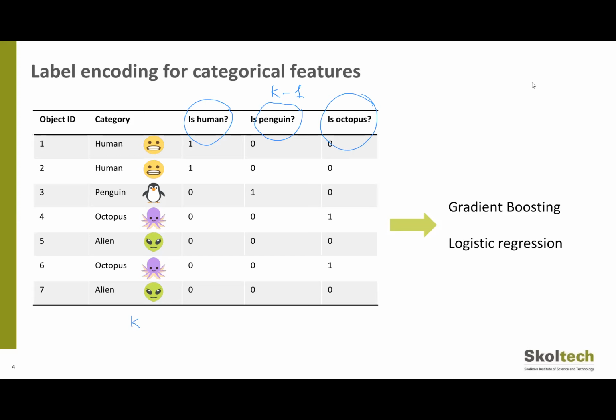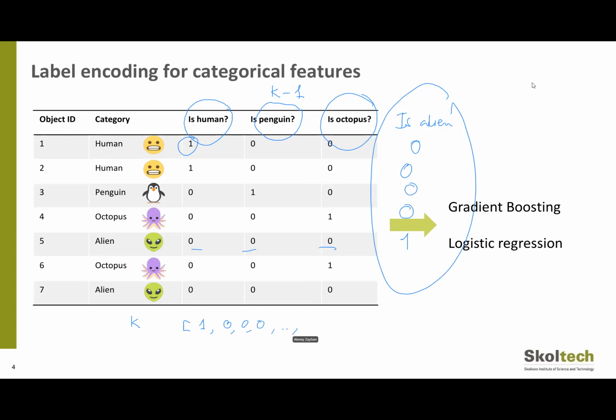So for the alien, if everything else is 0, then it's 1, so we don't need this particular feature in our case. This is pretty evident if you have only two possible categories, only males or females. In this case, we have only one feature: is this person female? And so we have this encoding, and it has the form like this.